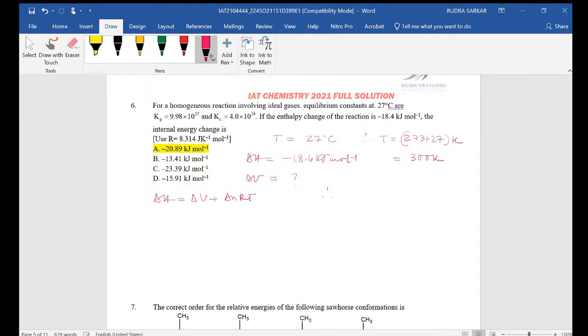We know also that Kp equals Kc into RT to the power delta N. Okay, this is what we know.